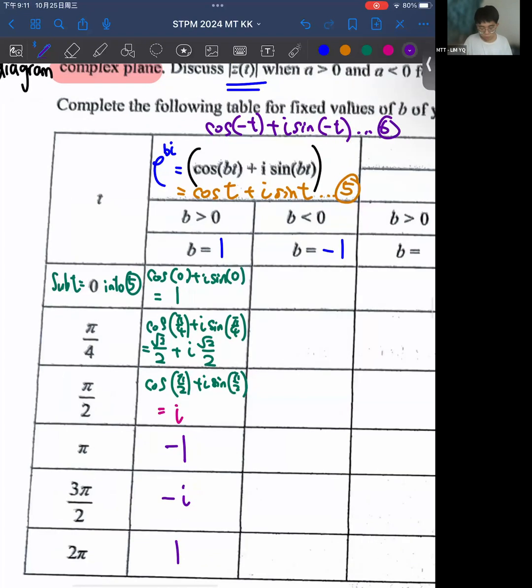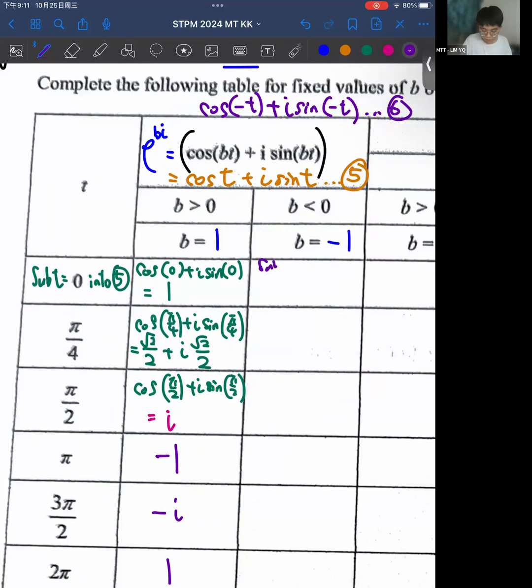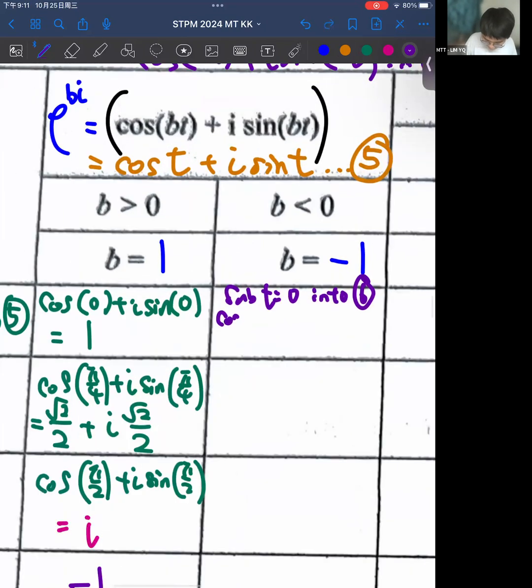So you substitute t equal to 0 into 6, and you will still obtain cos 0 plus i sin 0. Still 0, and this one is still 1.